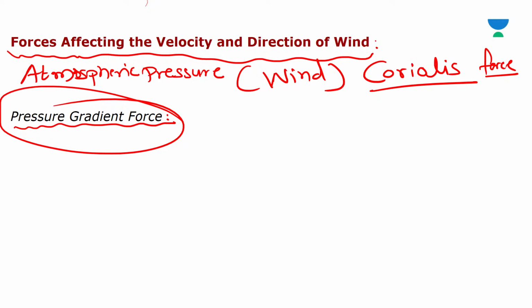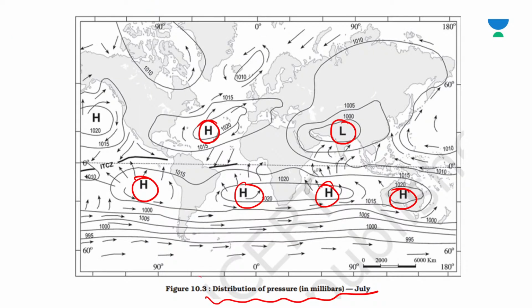In addition, the gravitational force acts downward. Now we will discuss the pressure gradient force. Those who have not completed the diagram, I'll give you 2 to 3 minutes more to complete it, and then we will discuss the pressure gradient force. Finish the distribution of pressure in the July month.